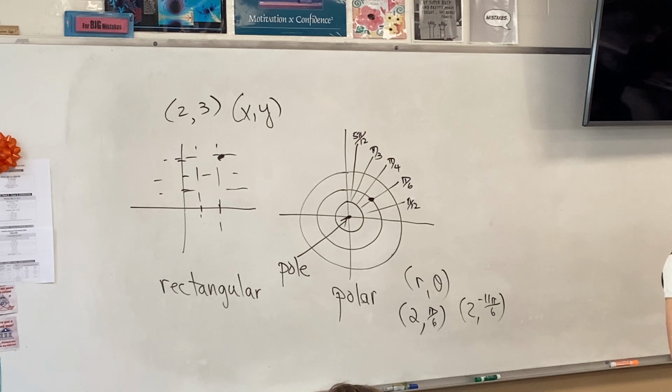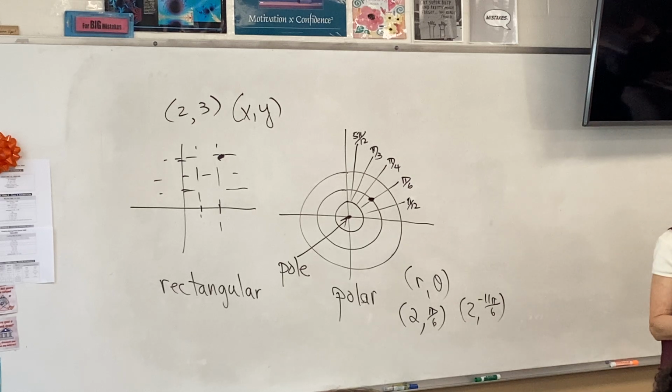The circle you want is the one labeled 2. So you're out there on that circle labeled 2 at pi over 3. All right, where's 1 comma 3 pi over 2? Straight down on the circle labeled 1.